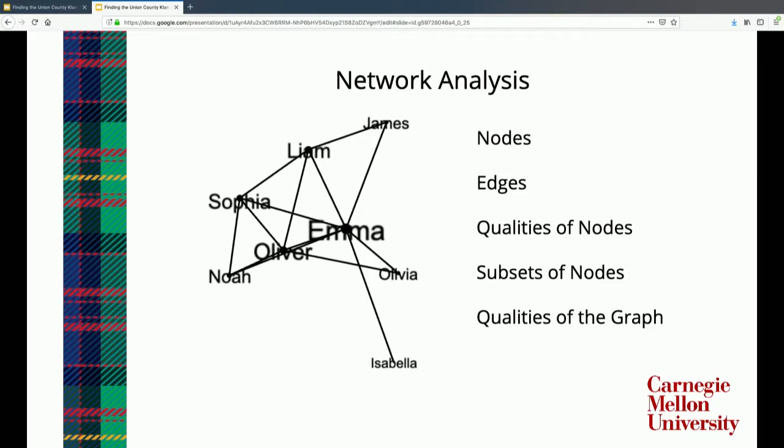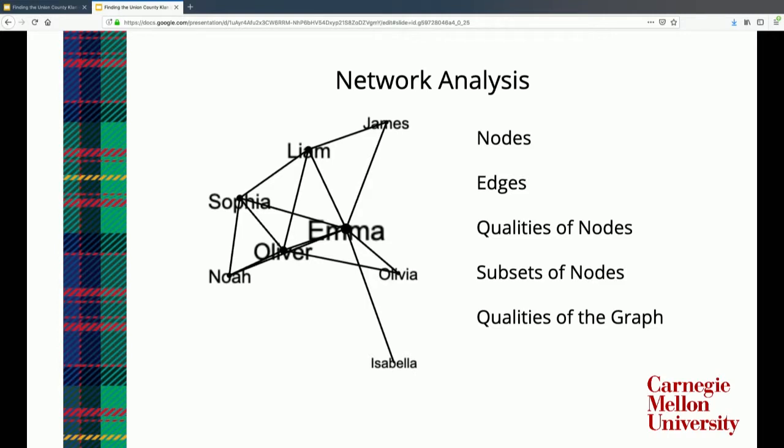But basically what network analysis is, it's a system of representing relationships, what we call relational data. And the primary terms you need to know are nodes and edges. So nodes are the things that you are trying to connect to each other, the relationship among which you are interested in analyzing, right?